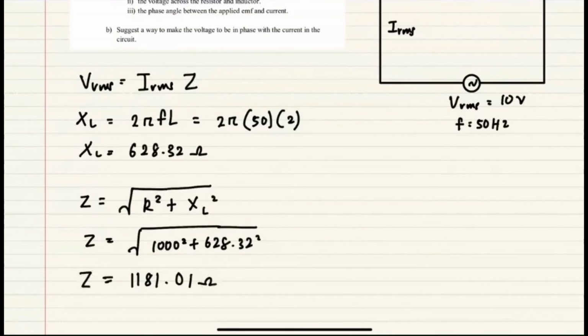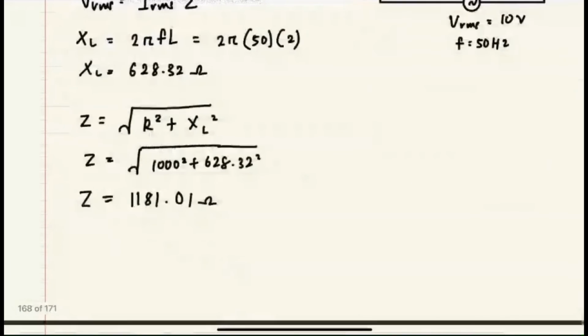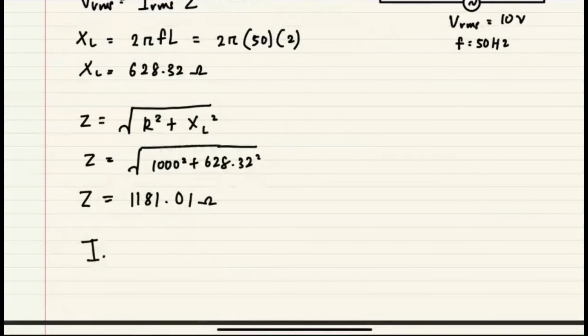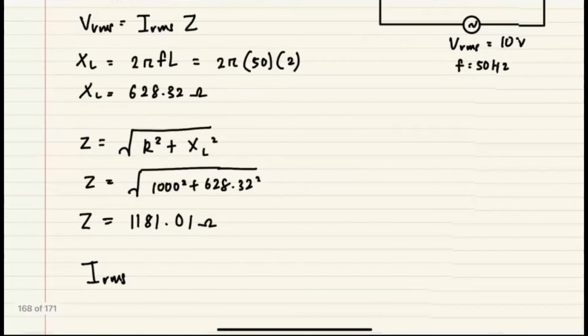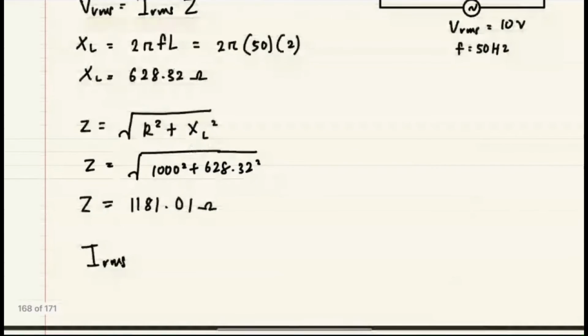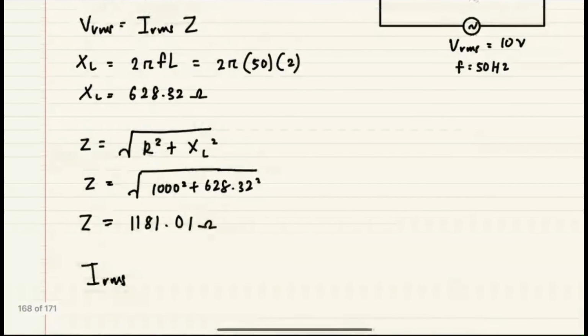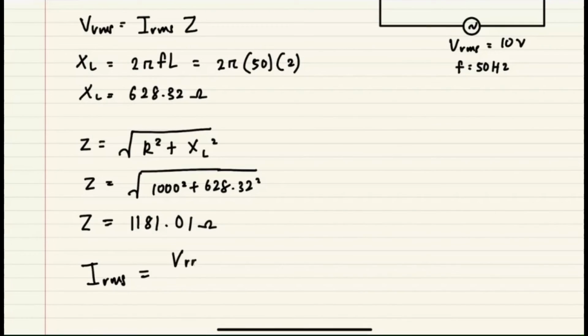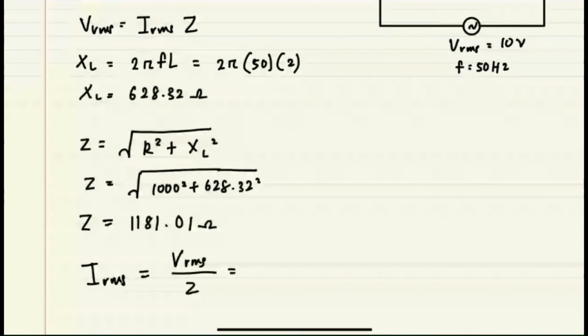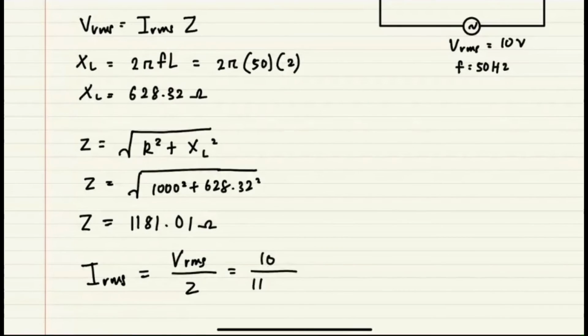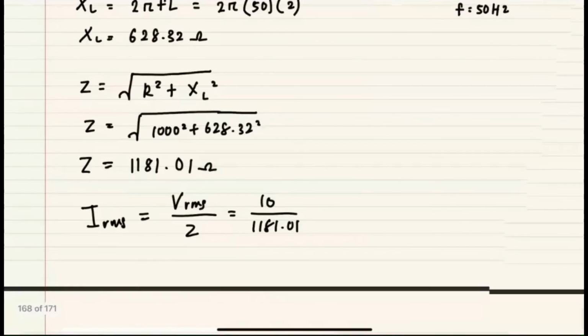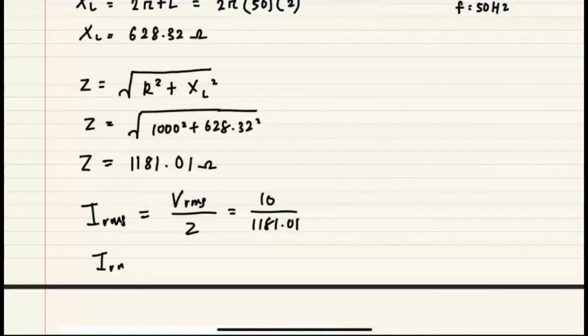Ini baru Z. So ini nak current. So IRMS tadi pakai equation yang atas ni, VRMS over Z. I got here is 8.47 times 10 negative 3.